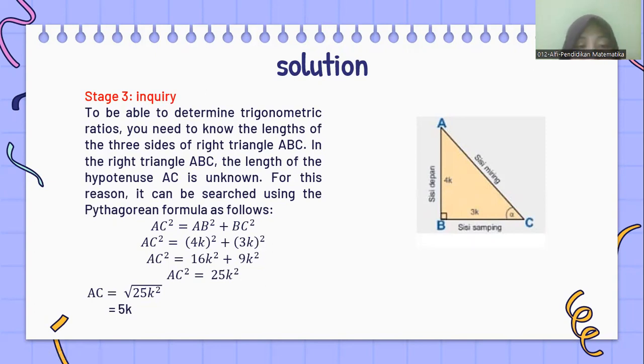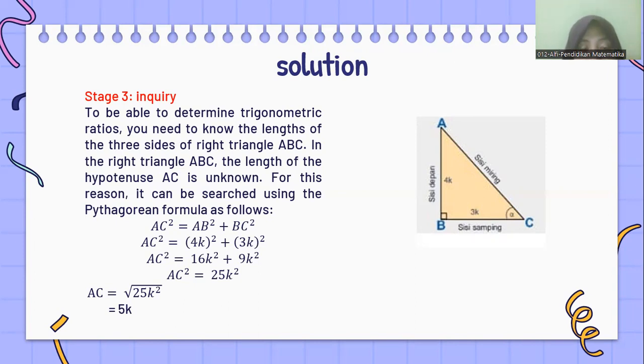Before, we learned the Pythagorean theorem. Does anyone remember the Pythagorean theorem? Okay, good.